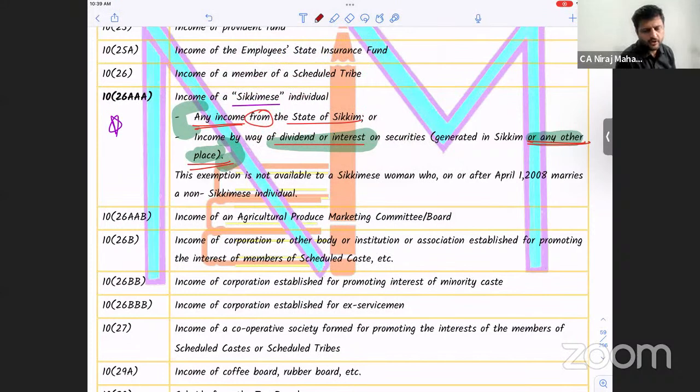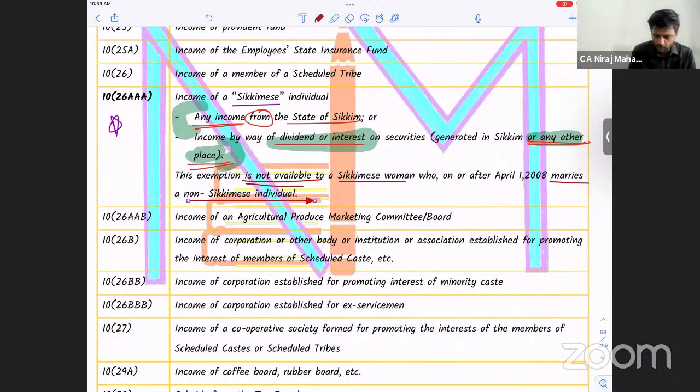Now, who is a Sikkimese individual? This exemption is not available to a Sikkimese woman who, on or after 1st April 2008, marries a non-Sikkimese individual.